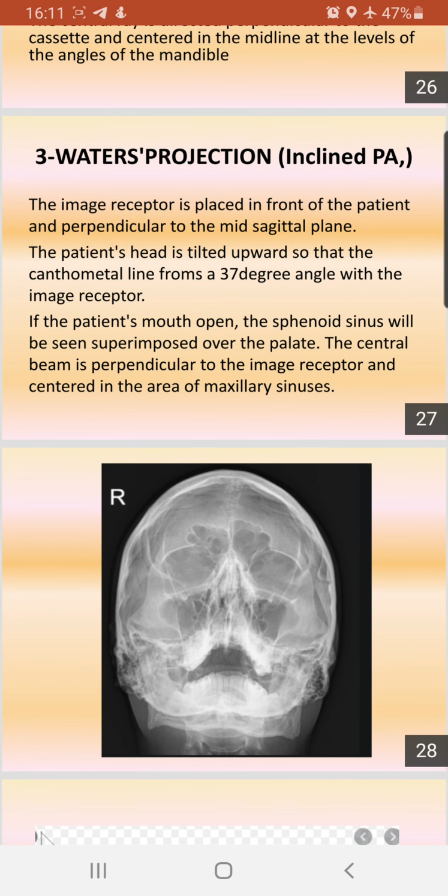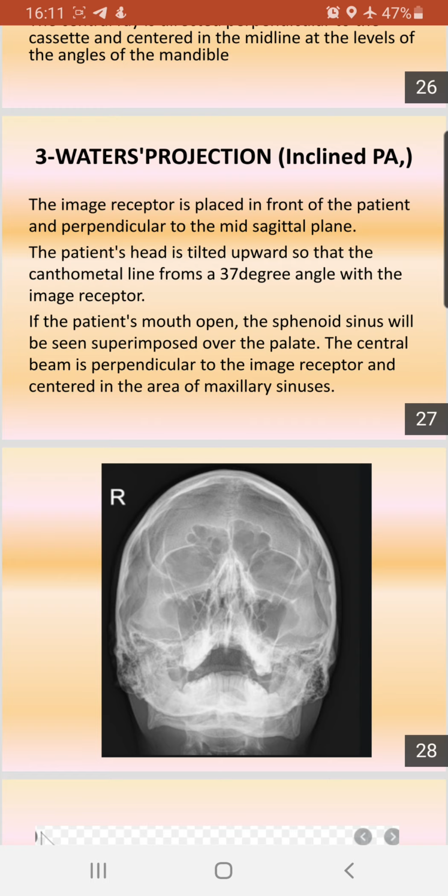Waters projection. The image receptor is placed in front of the patient and perpendicular to the mid-sagittal plane. The patient's head is tilted upward so that the canthomeatal line forms a 37-degree angle with the image receptor. If the patient's mouth is open, the sphenoid sinus will be seen superimposed over the palate.